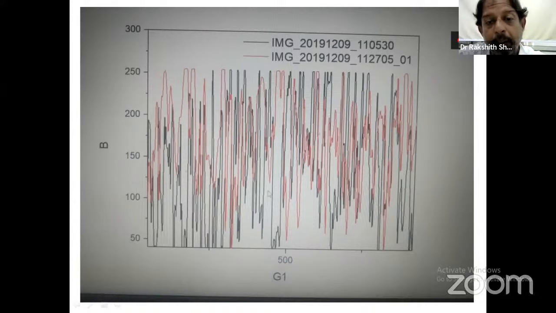Both these patterns were different. This was especially for gender differentiation. We had to verify whether it was a male or a female. The red one showed that it was a male, and the black one showed that it was a female. So we achieved two different graphs, making it individual for a person.